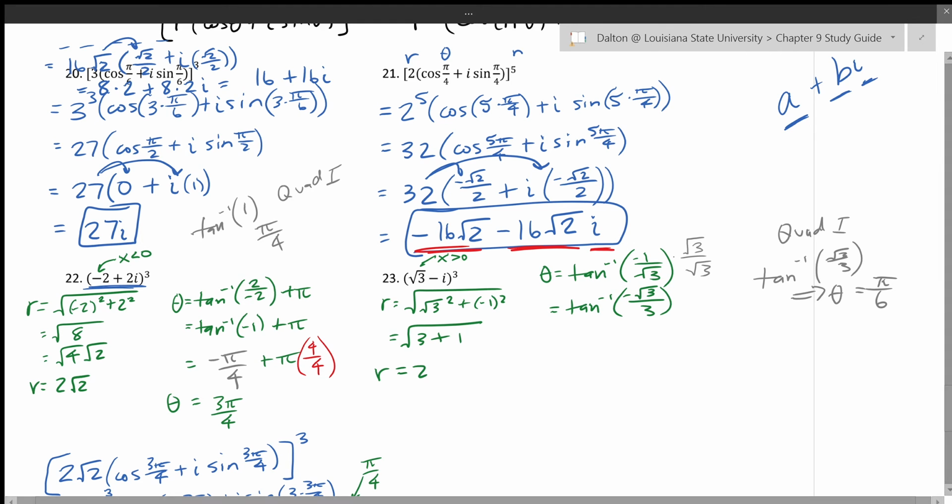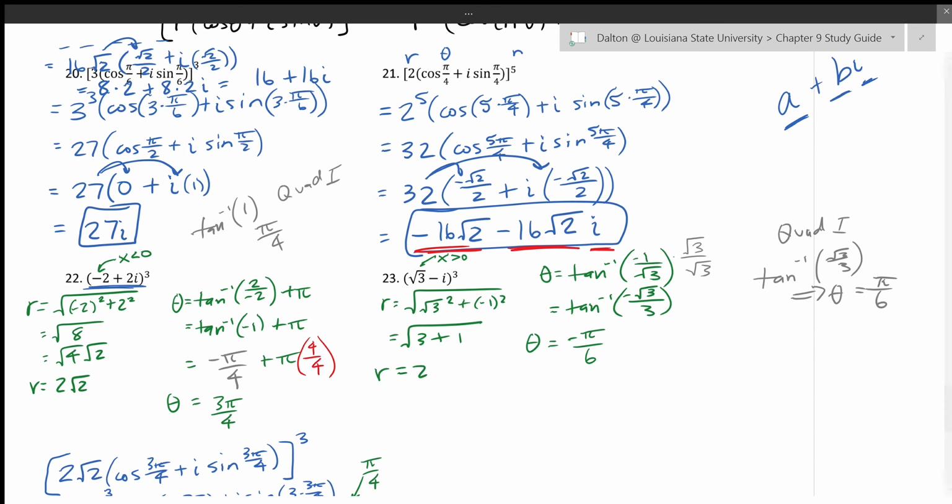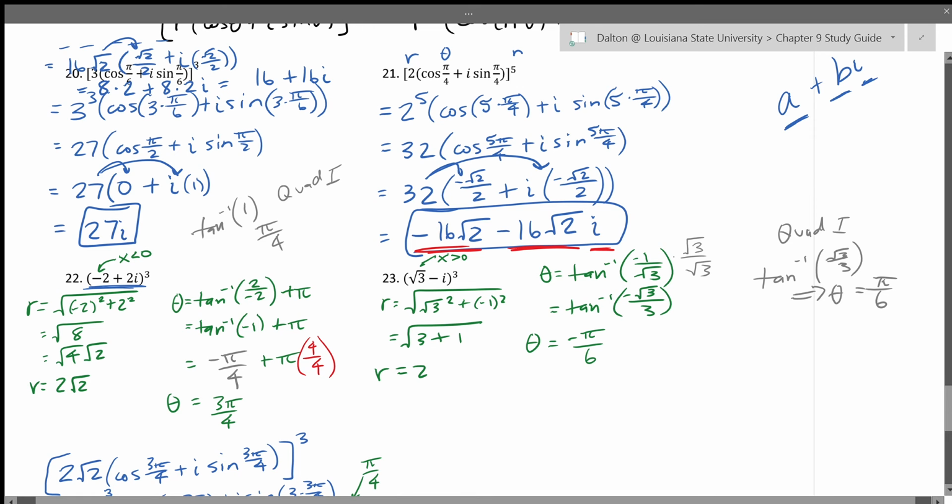Which means if you do the tangent inverse of negative square root of 3 over 3, then theta will equal a negative pi over 6. That's the easiest way to do it, is look for the positive in quadrant 1 and then just make that answer negative.